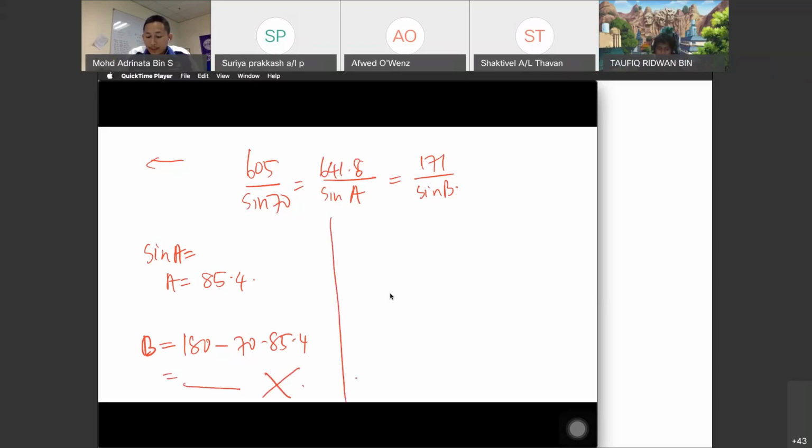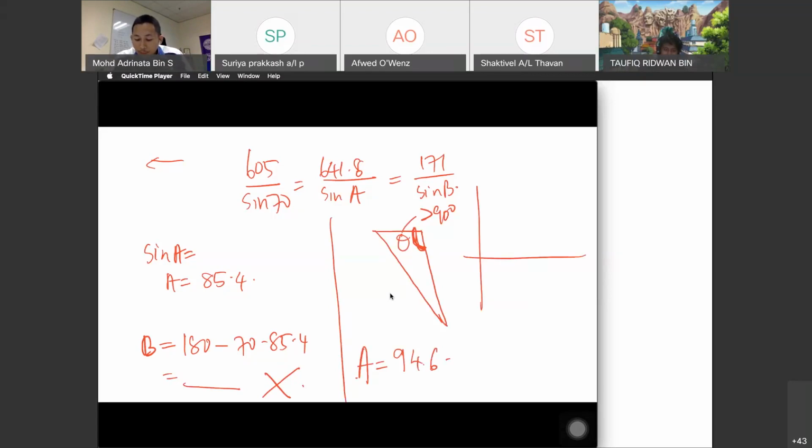Because of what? Because of your theta here actually, your theta here is more than 90 degrees. Okay, and your A is actually 94.6. Okay, if you remember your sine wave, if you remember, this is 90 degree, 180. Okay, your sine wave.